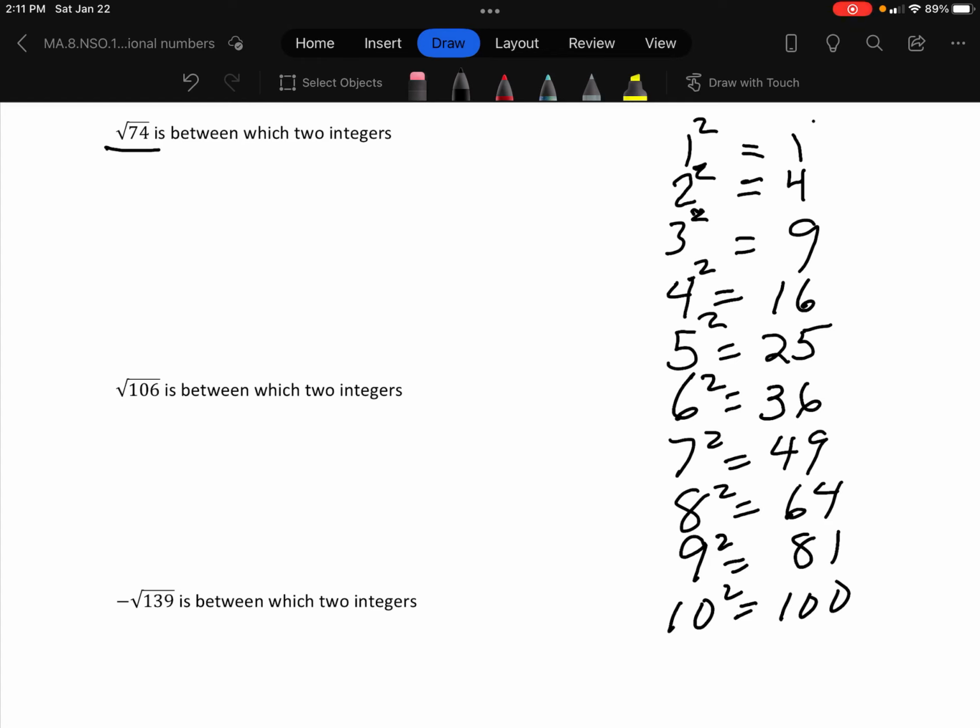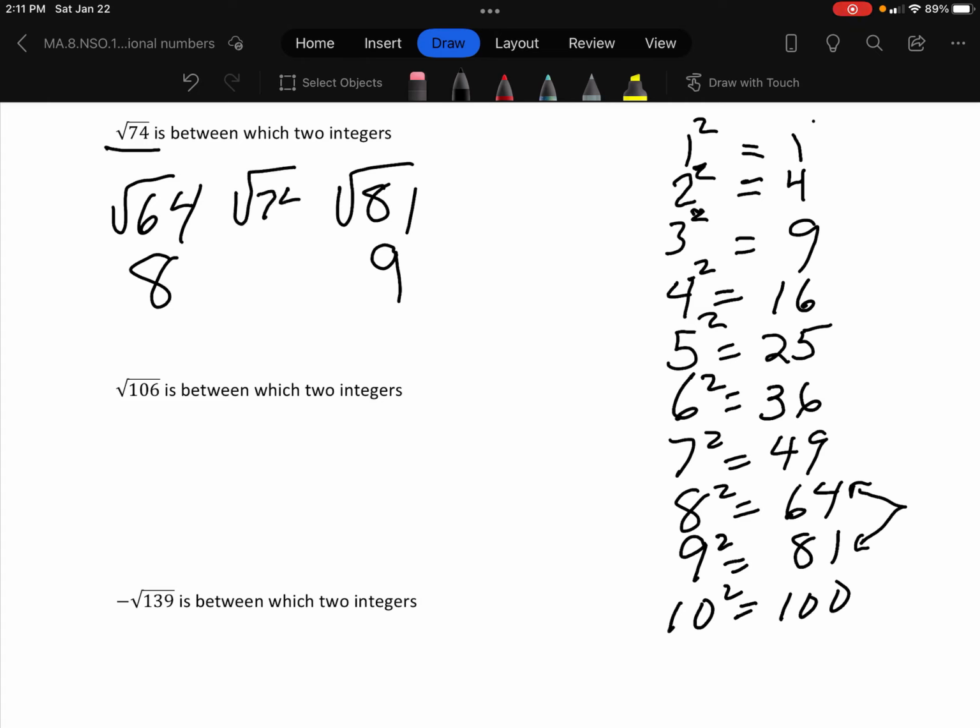However, 74 is between 64 and 81. The square roots of 64 and 81 are 8 and 9, because they come from 8 squared and 9 squared. So therefore, the square root of 74 is between 8 and 9.